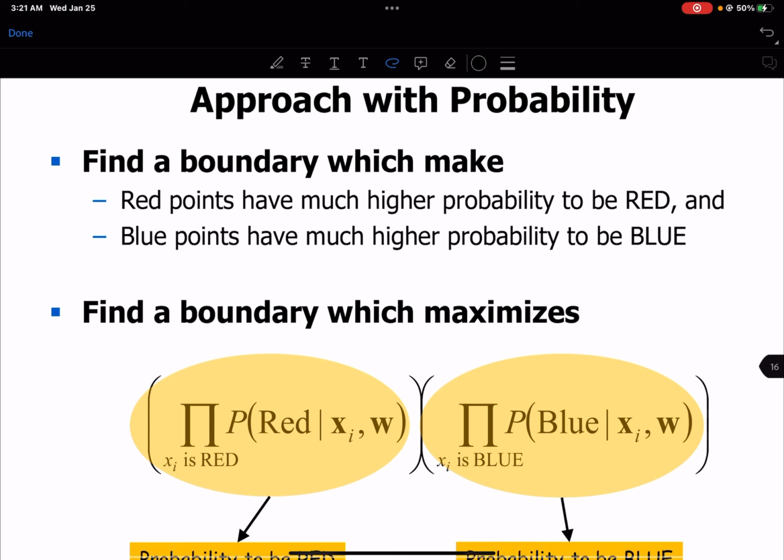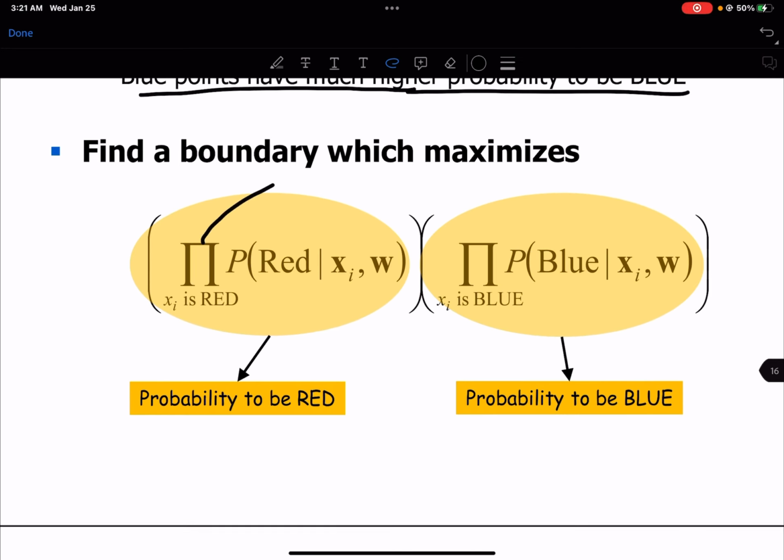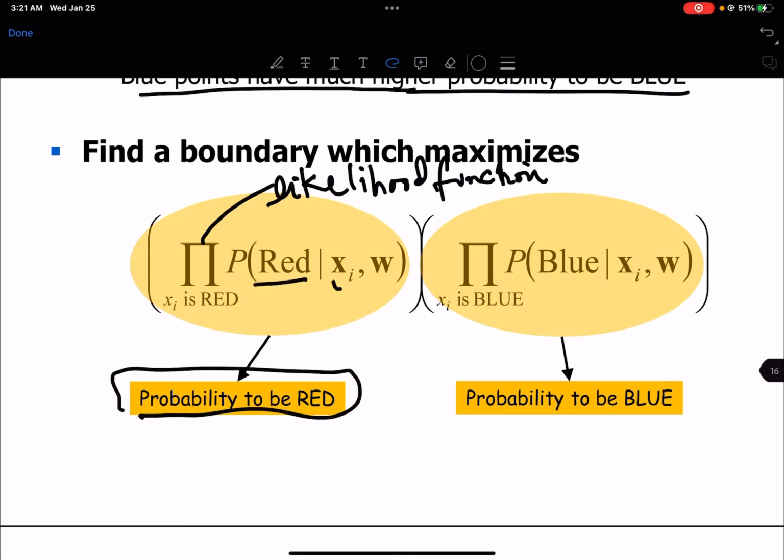So the approach with probability is that you have to find a boundary such that a red point should have a much higher probability to be red and a blue point should have a much higher probability to be blue. This we call the likelihood function. The probability to be red is given xi and w, where xi is red, and this is the probability that your xi is blue given your input xi and w's.